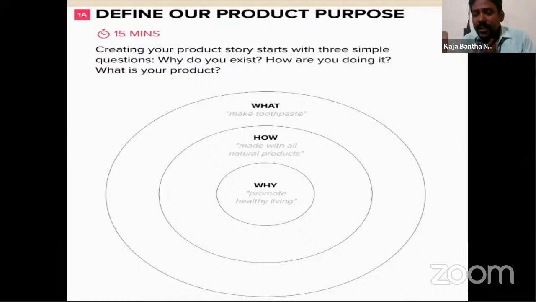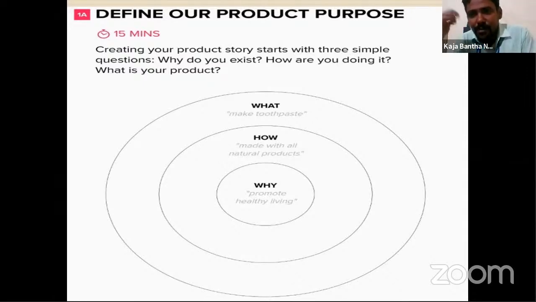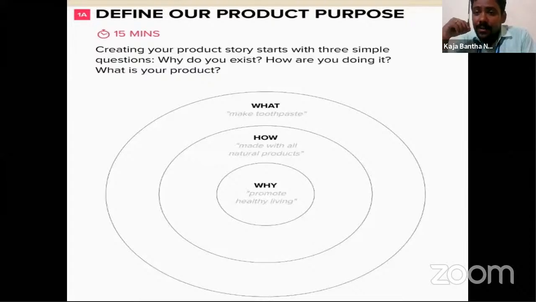What technology, what fabrication are you using for the mask, and what extra features are you adding to your product? Just note it: first, why, what is your objective; how, what is your technology; and what are your additional features in the product.